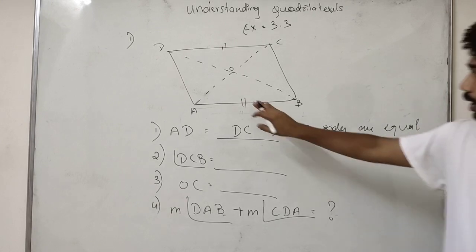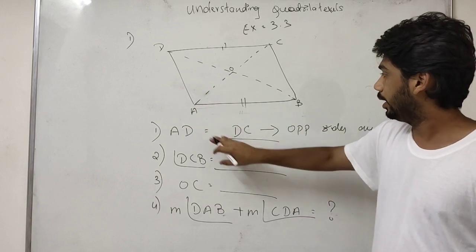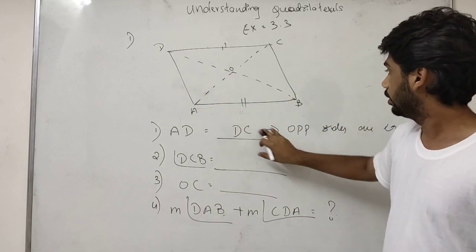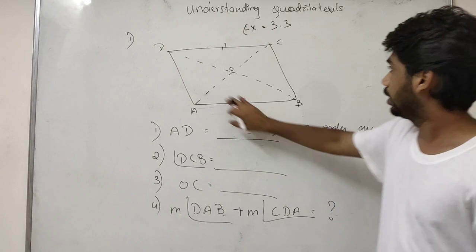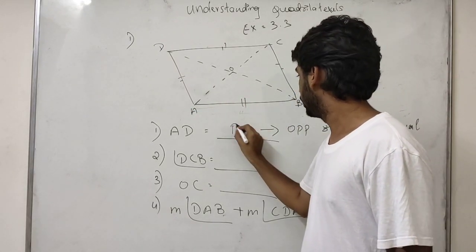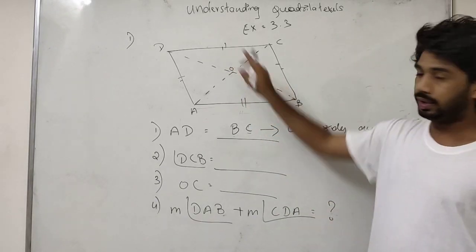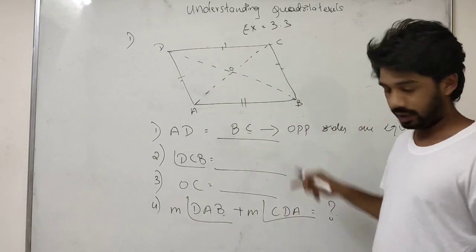Got it? If AD is given, then this side will be equal to this side, so BC. If AB is given it means DC, and if AD is given it means BC. Okay.